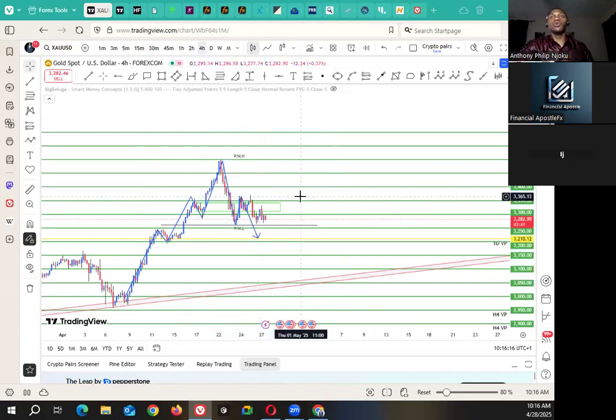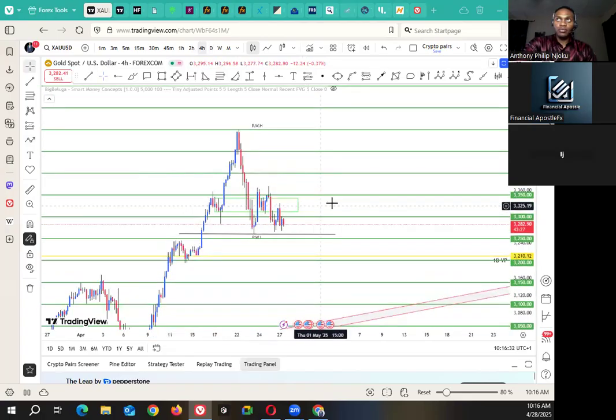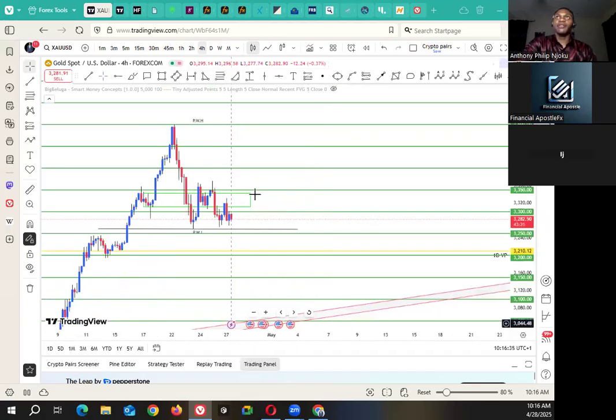And also we have fundamental factors due to the tariff disagreement between Trump and the Chinese president. They're talking about negotiations. They're talking about sitting down and discussing the tariff plan moving forward.